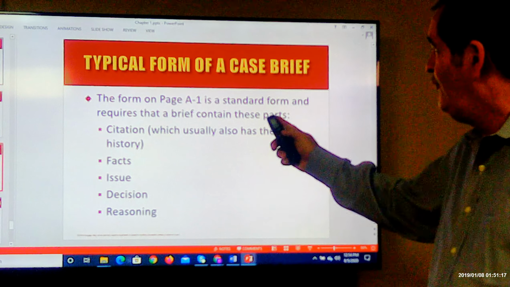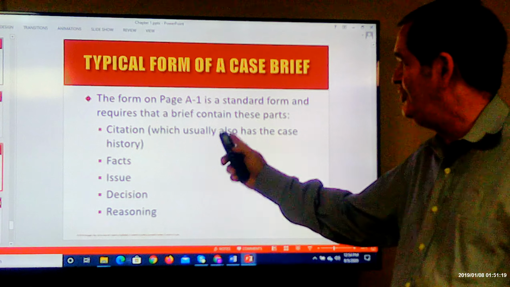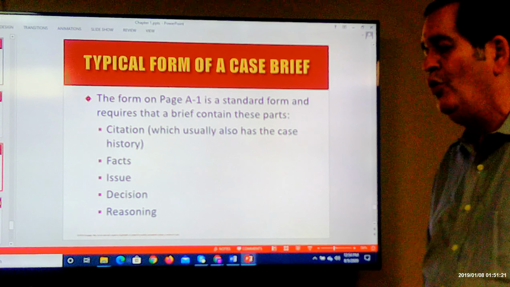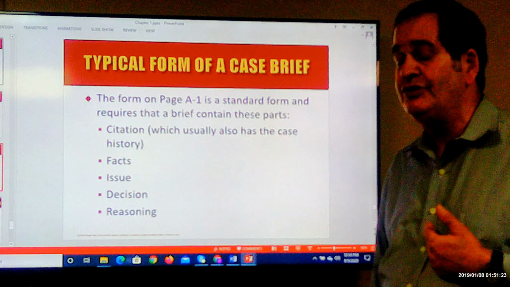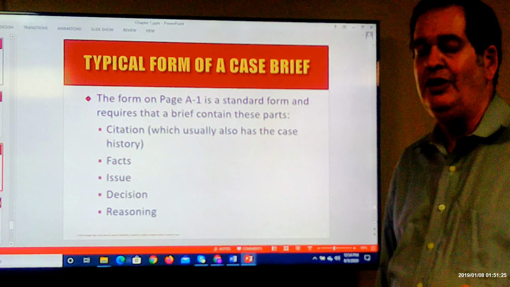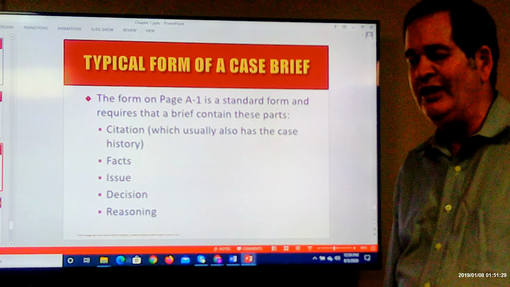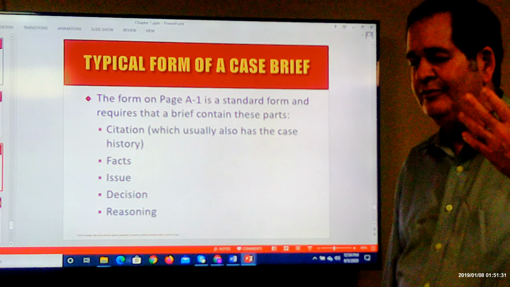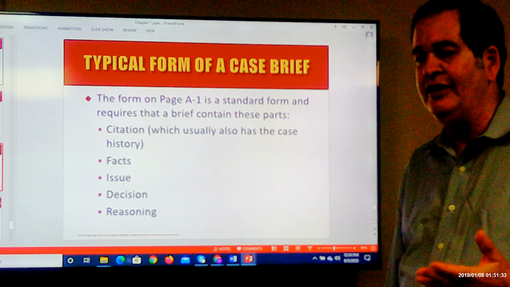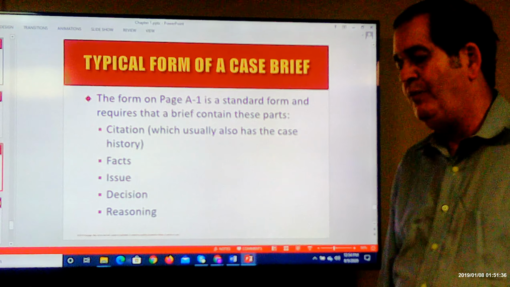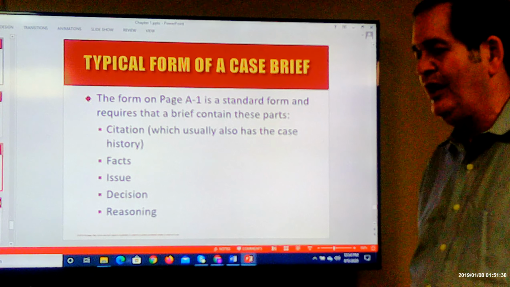Okay, so the form on page A1 is up here on the screen. So when you brief a case, what I suggest you do is read the opinion first, and don't think about your brief. Read it with a lot of thought and energy put into understanding the case.